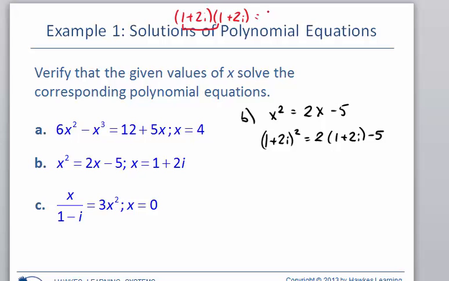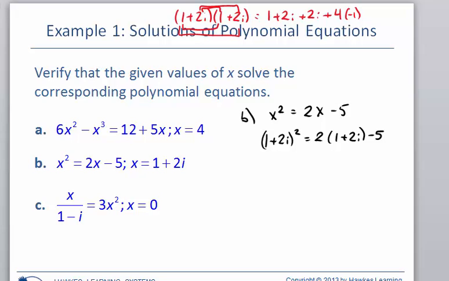So first times first is 1. Outside is positive 2i. Inside is positive 2i. And last would be 4i squared. And remember that i squared is equivalent to negative 1. So in place of this i squared, I can put a negative 1 and then further simplify.